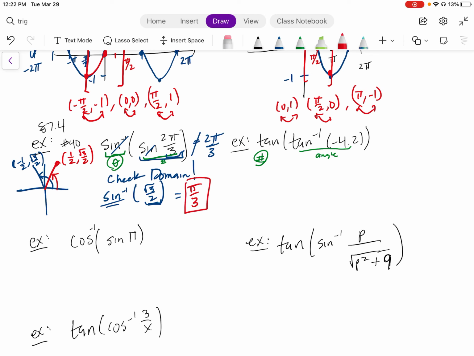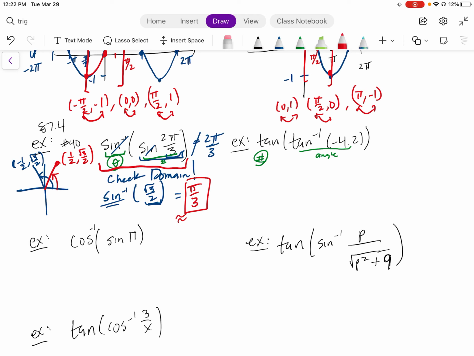Again, be careful of domain. Now you can, of course, check. You could plug this all in your calculator and make sure you're in radians, and whatever pi over 3 is, it's 1 point something, and that will give you the approximate answer, but I always want exact. So use your calculator as a guide, no problem with that, but know how to do the problem, make sense of it.